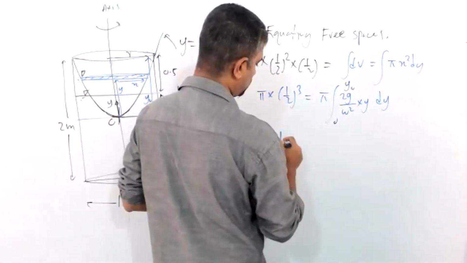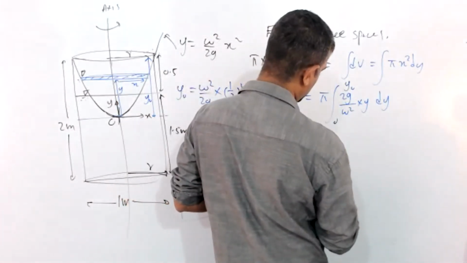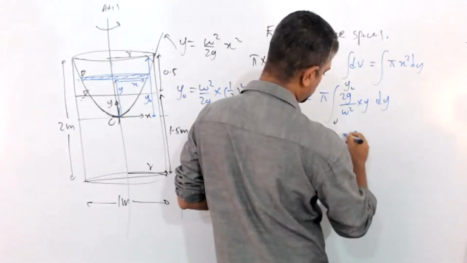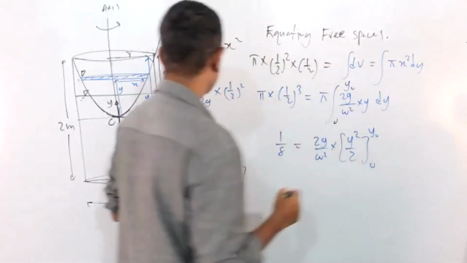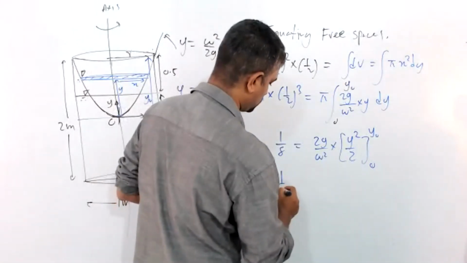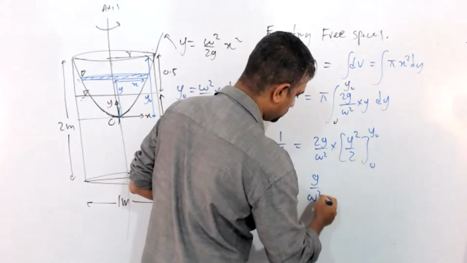Y is cancelled, one-eighth. Pi times 2g over omega squared times y squared over 2, from 0 to y naught. The two is cancelled.